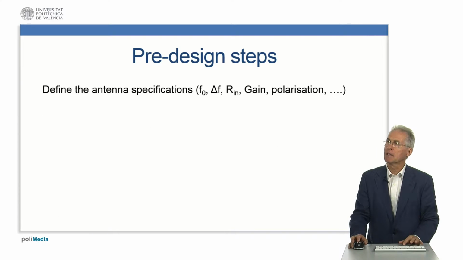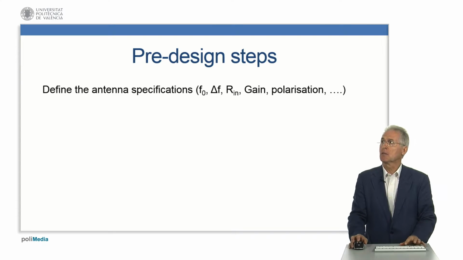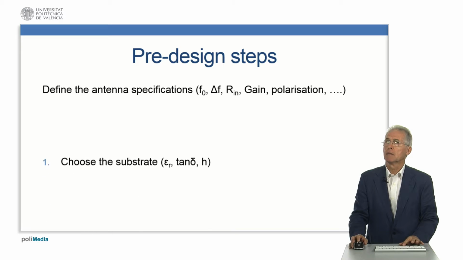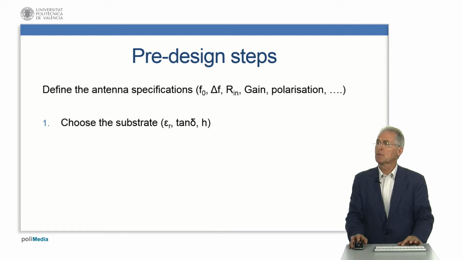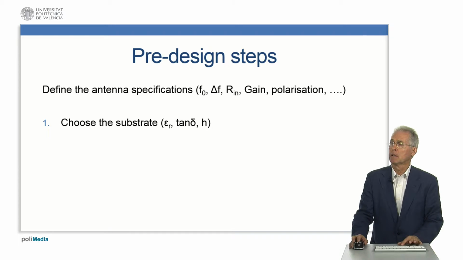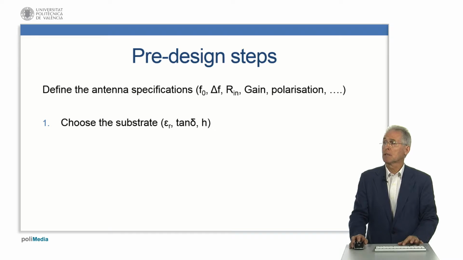Having defined the antenna specifications such as central frequency, bandwidth, input impedance, gain, polarization, and others, the Predesign procedure is composed of 3 steps. The first step is to choose the adequate substrate, meaning the relative dielectric constant, the loss tangent, and the thickness.